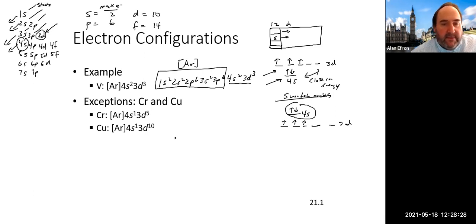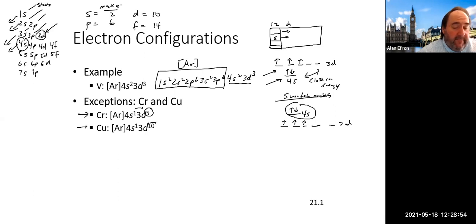Now, most things do follow this zigzag guide for electron configuration, as you learned. There are some exceptions, which I'm pretty sure you learned as well. These are probably the two common exceptions. The first is chromium, which is 24. It basically has one more electron in the d orbital and one less electron in the s orbital.